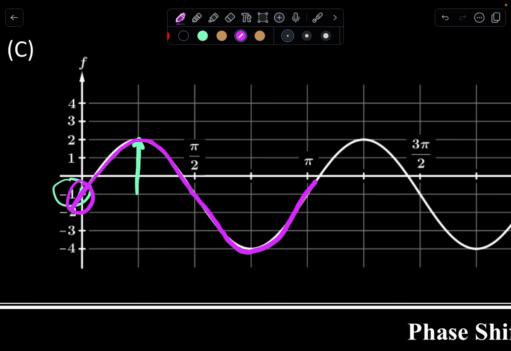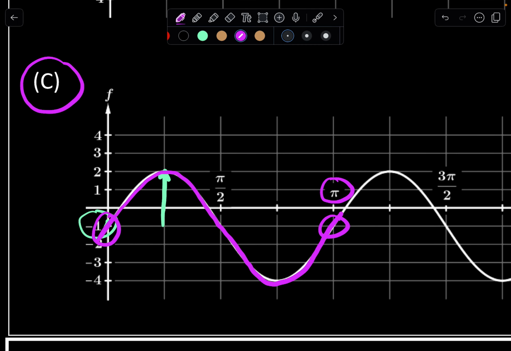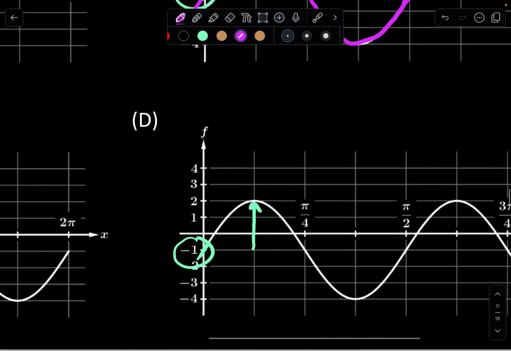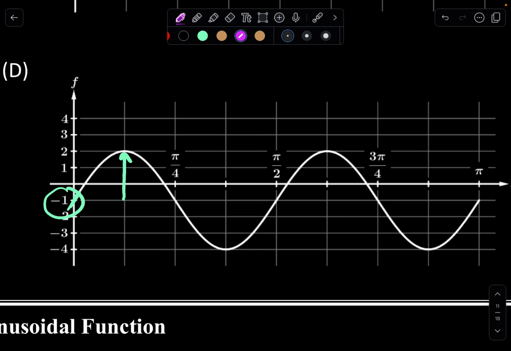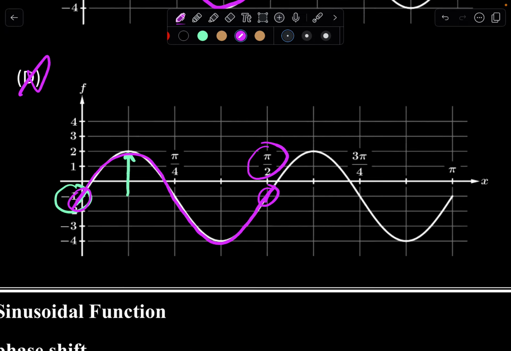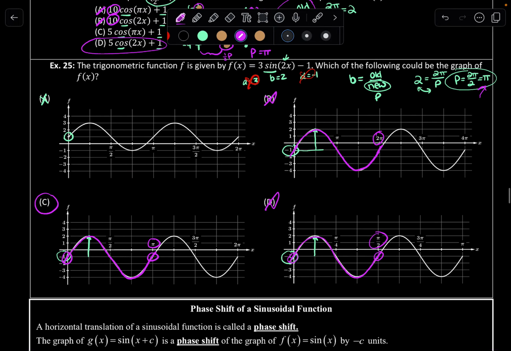All right, so I see this event occur a pi later. So it should be C, but I just want to look at D just to make sure. Leave no stone unturned. All right, for D, we see this event occur on the y-axis, and then it occurs again at pi over 2. Okay, so it's not D. So the correct answer is C.